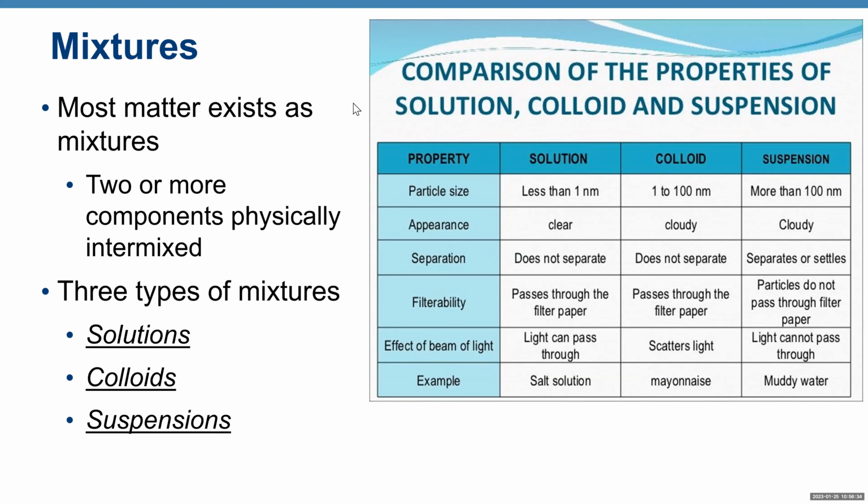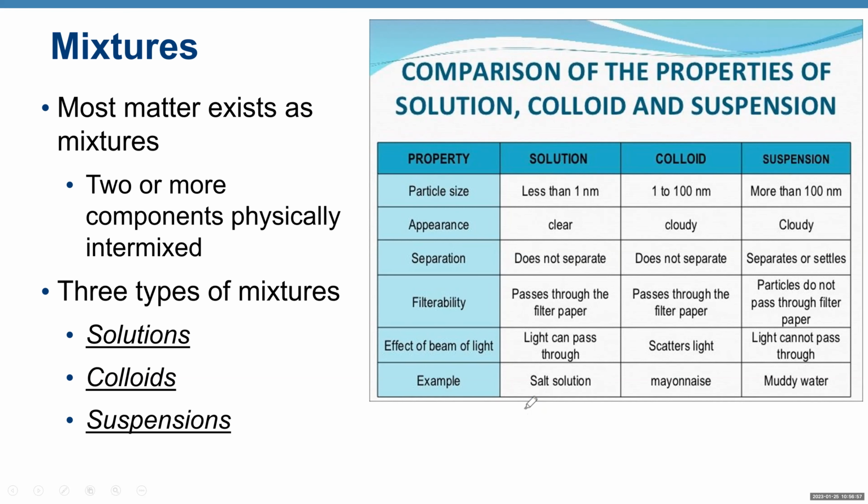Now, if you look at the differences, a solution has small particle size, appears clear, does not separate, passes through the filter paper, and light can pass through, for example, a salt solution.